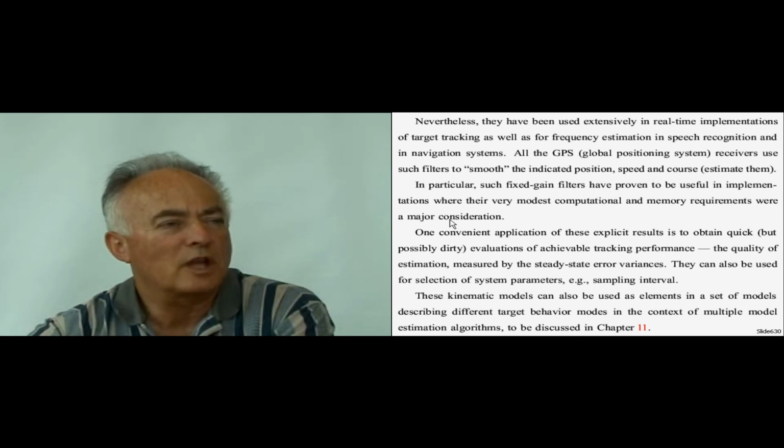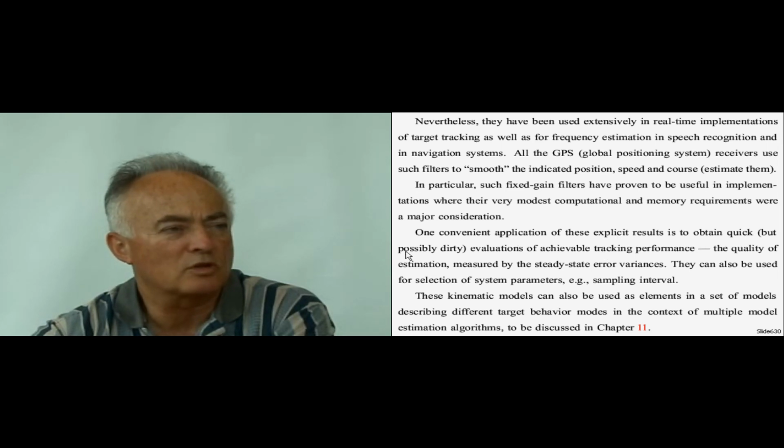A convenient application of these explicit results is to obtain quick but possibly dirty evaluations, back-of-the-envelope evaluations of achievable tracking performance, namely the quality of estimation measured by the steady-state error variances.